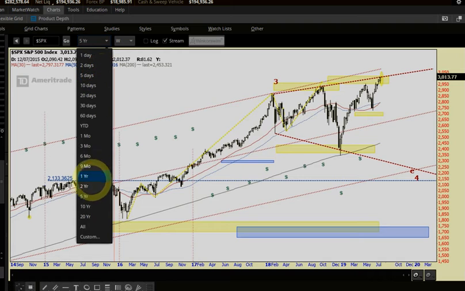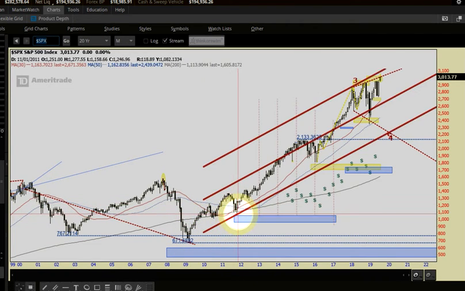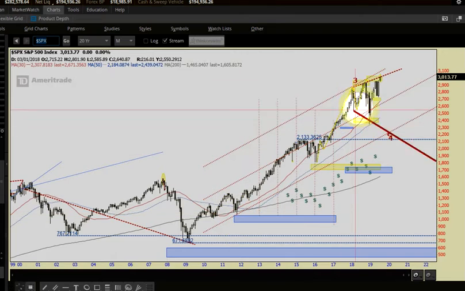If we go back and look at the big picture, you can see the 1, A, B, C, 2 flat. This is a flat. And then 3 all the way up to here. Now, there's a smaller 1, 2, 3, 4, 5 that made 3, okay?